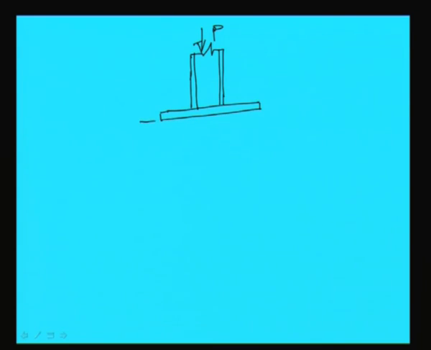Then we will put a concrete block. The thickness of the concrete block and the thickness of the base plate will be decided from the calculation that I will show, and this has to be joined through some cleat angle, right?